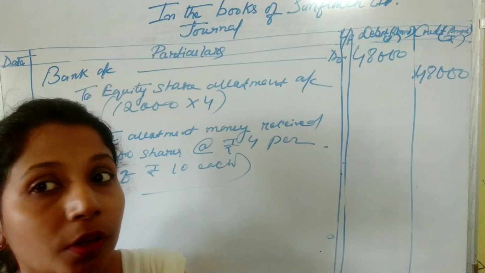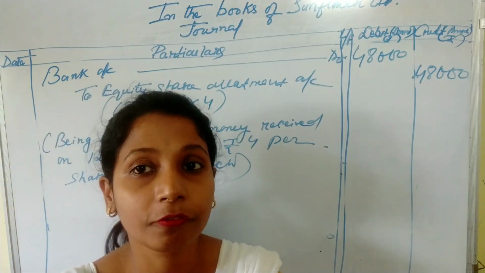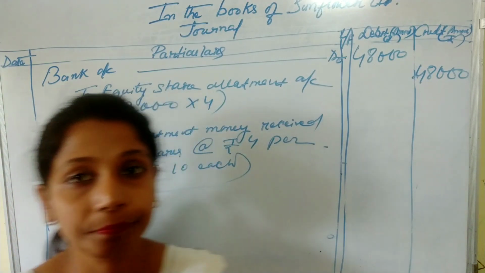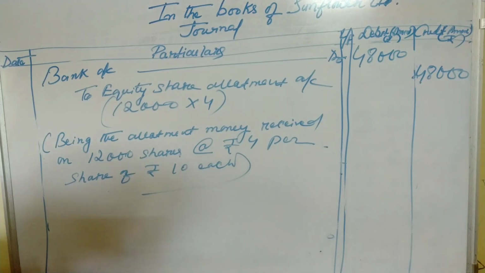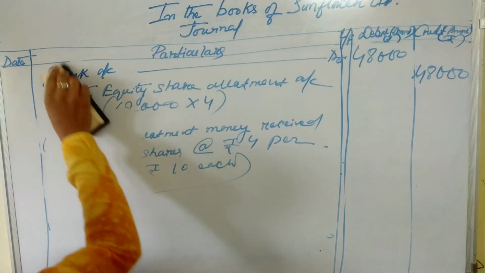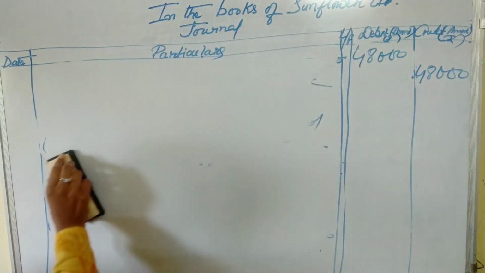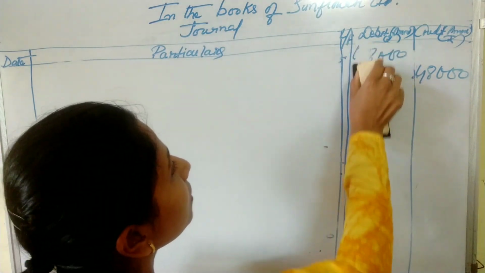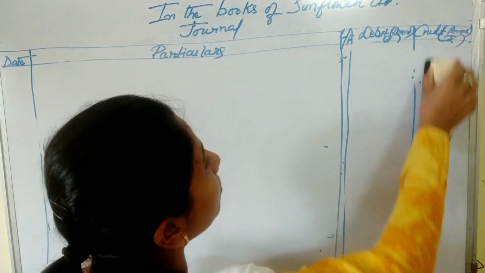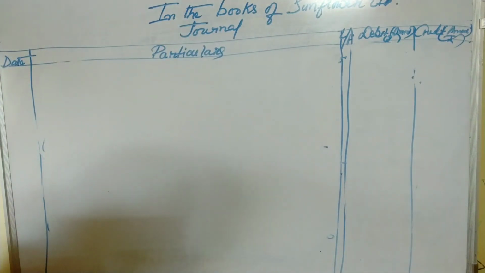Now we will make due call for first and final call. So the next entry is the due entry for first and final call. So what will the entry be?